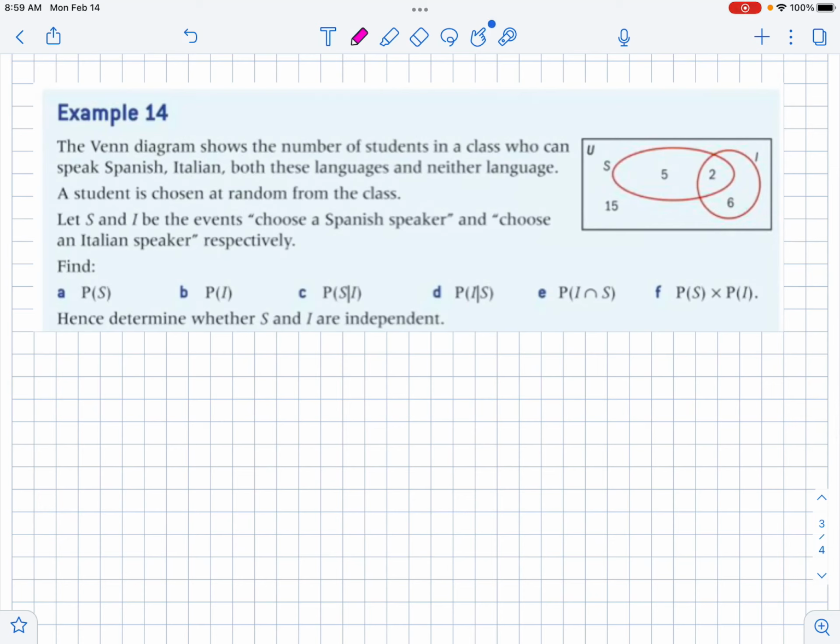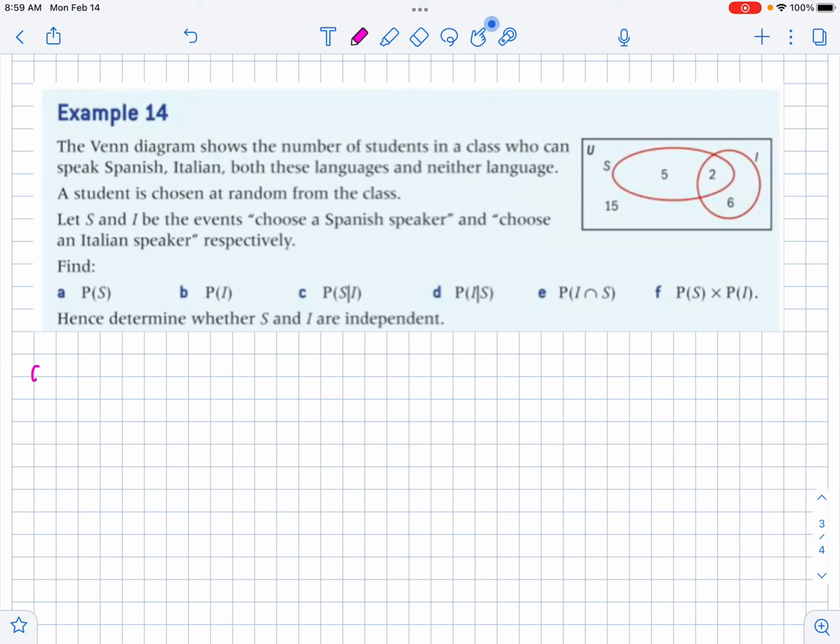This Venn diagram shows the number of students in a class who can speak Spanish, Italian, both languages, and neither language. There's 15 people that don't speak either of those languages. We're going to choose somebody at random. S and I, so S is Spanish, I is Italian.